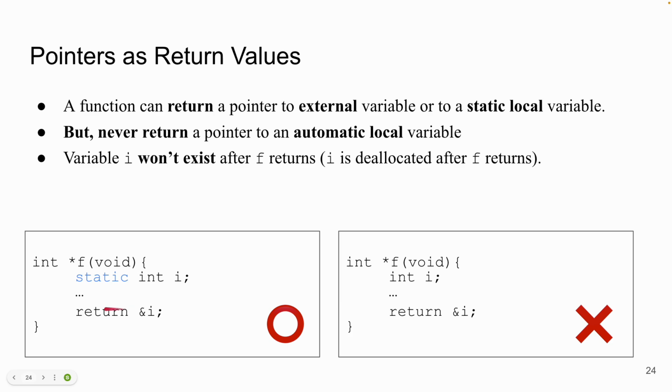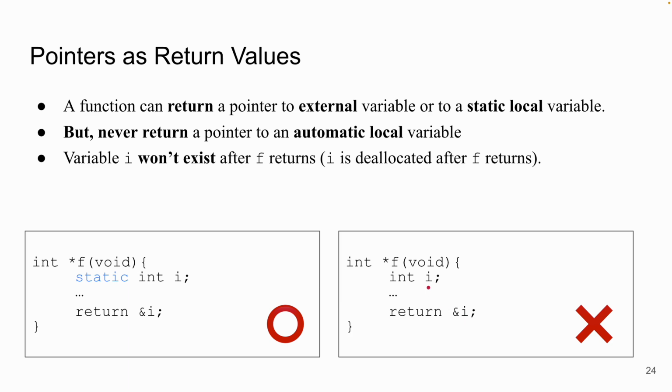For example, if we have a static local variable like the int i here, in the case on the right, it is okay because the static local variable will still exist even after we terminate the function. However, if this variable i is an automatic local variable, like the variable in the left example here, we cannot return the pointer to this automatic local variable.